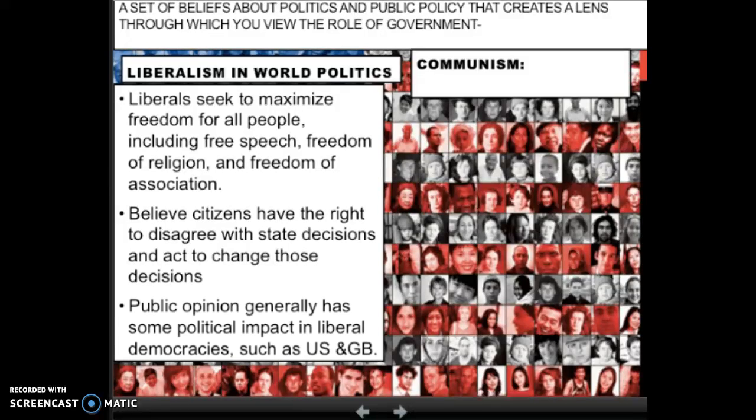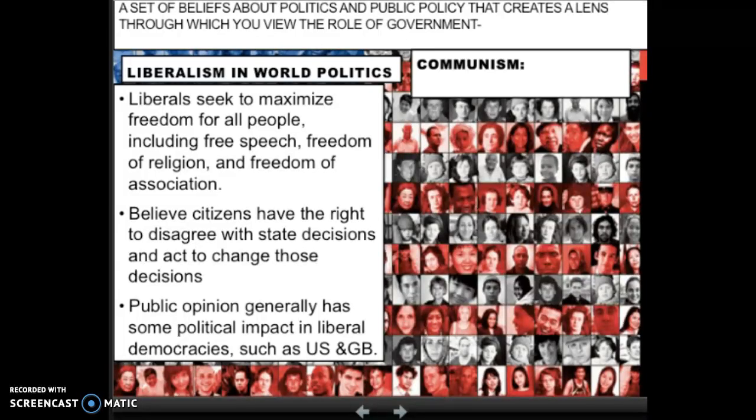Okay. And public opinion generally has an impact on what politicians want to do and what politicians say in a liberal government, meaning that the politicians actually are going to respond to the people's needs. So you will see liberal democracies in the US, a liberal democracy in Great Britain.